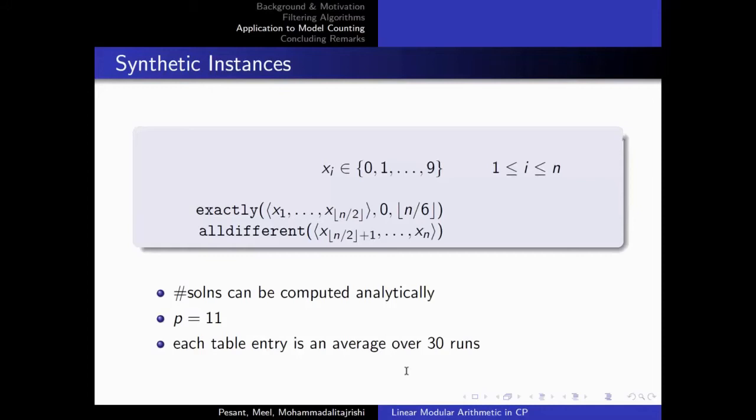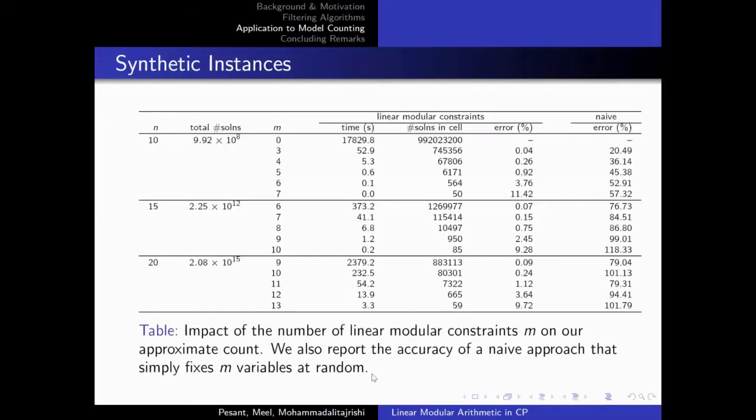We used p equal 11, so prime and greater than 9. And in these results and all the ones that will follow, each table entry is an average of 30 runs. So here are some results for instances of size 10, 15, and 20 variables. So we want to see, as we increase the number of constraints that we add, what the impact is on runtime and on the accuracy of our counts.